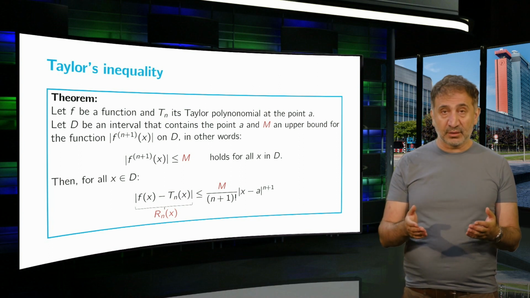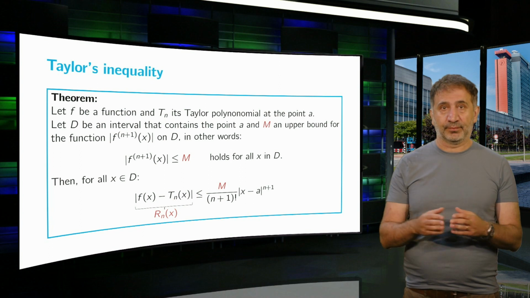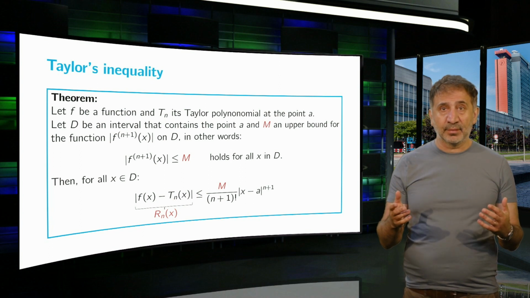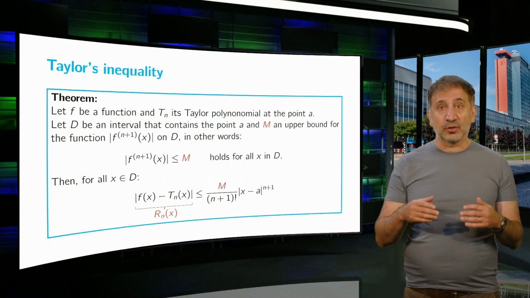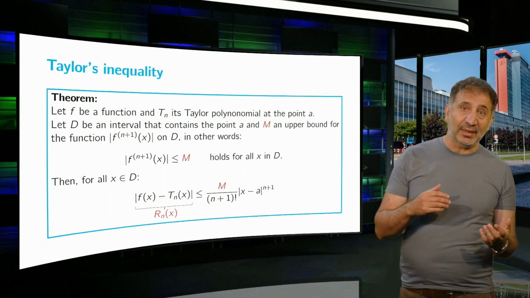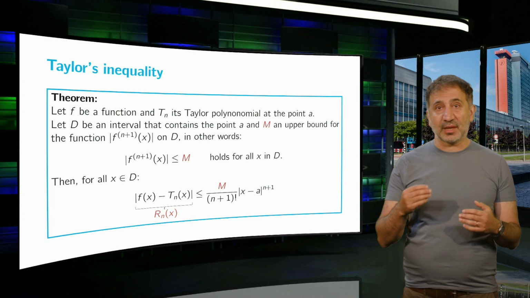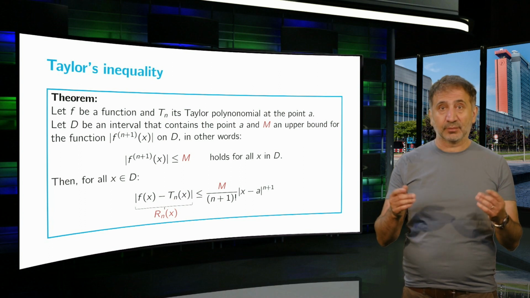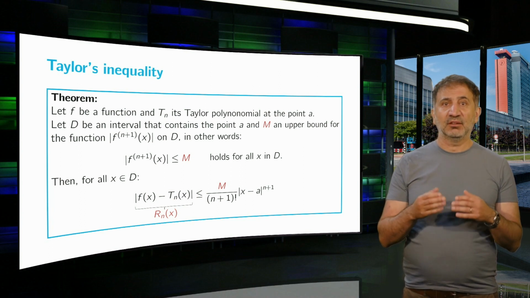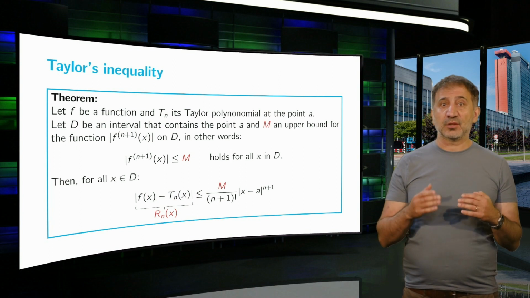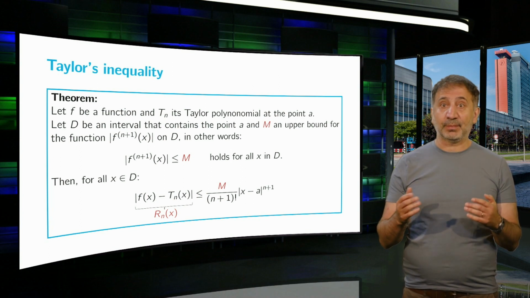The second ingredient is a positive number M. This number M denotes a convenient upper bound for the absolute value of the (n+1)th derivative of the function f on the interval D. Finding such an upper bound is usually the tricky part in applications.